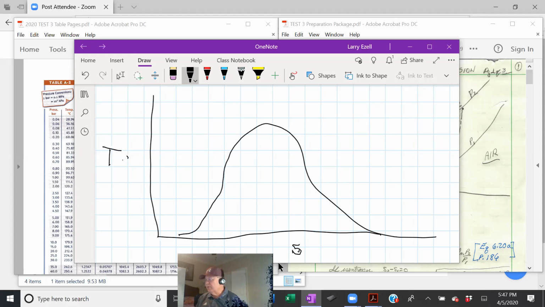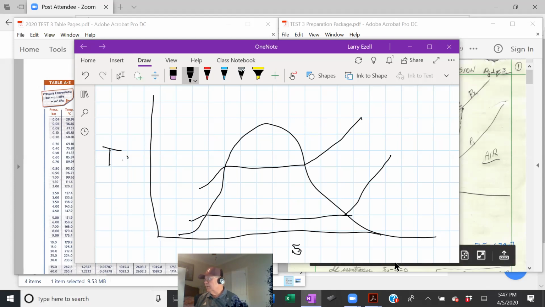Let's try to draw a couple of constant pressure lines here. They look just the same as they did on the TV diagram. Let's draw another one up here. And of course this is a lower pressure here. It could be one bar here, and this could be 100 bar up here.